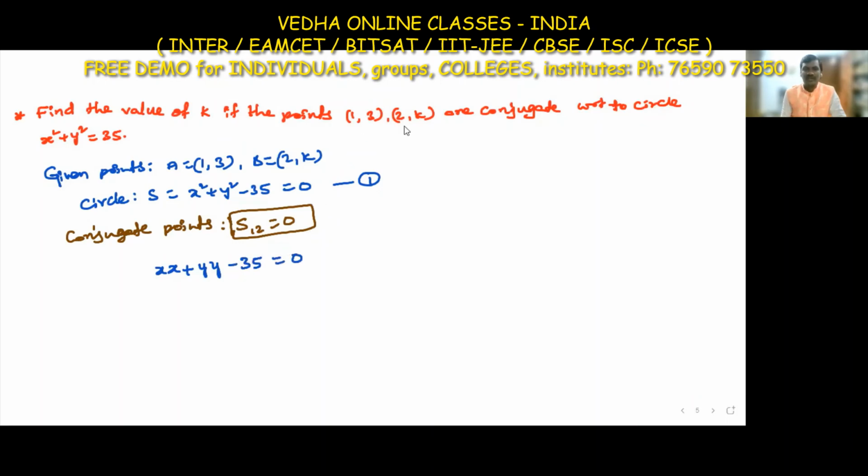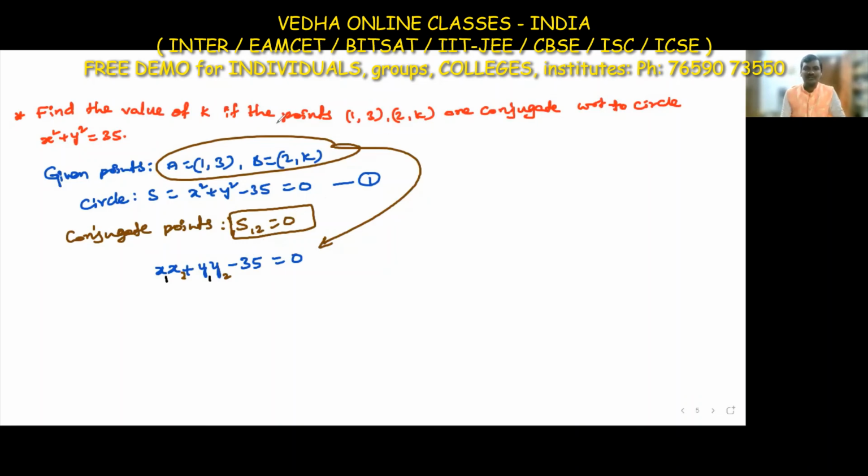Now look at this. In S12, for the first x I am writing x1, and for the first y also y1. For the second x I am writing x2, and for the second y also y2. Just substitute these two points A and B in this equation. That's it. S12 means x1 x2 plus y1 y2 minus 35 equal to 0.